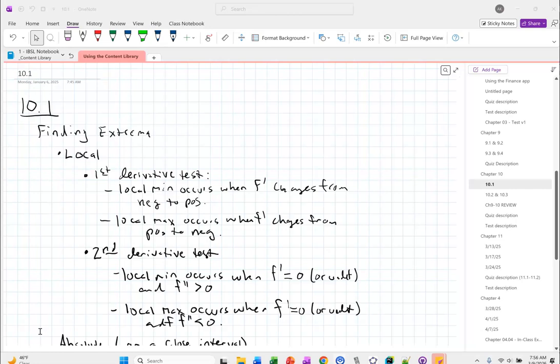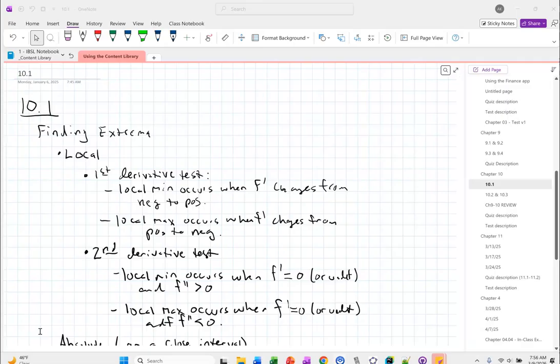If I have a negative derivative, that means the function has a negative slope. If the derivative then changes to positive, the function then has a positive slope. So if I go from negative slope to positive slope, that's going to be a minimum, right? And if I'm going from positive slope, positive derivative, to negative slope, negative derivative, that means I'm going to have a maximum.